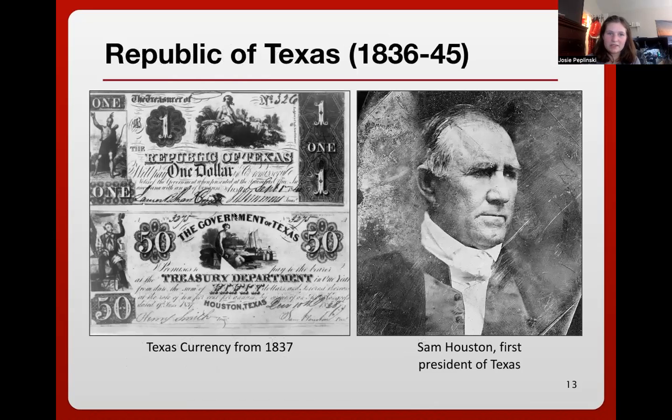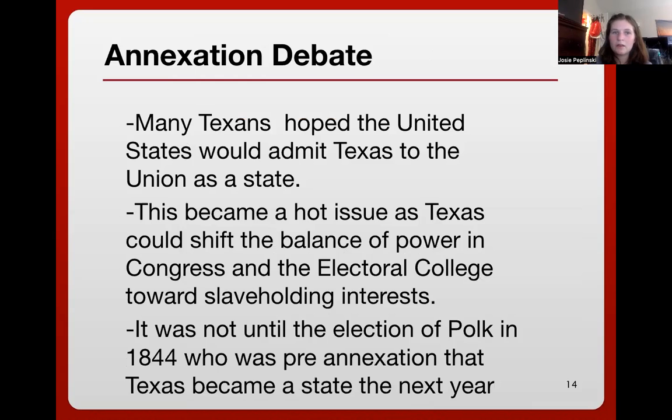Here we have some Texas currency in 1837, and we have Sam Houston, the first president of Texas. And here is the annexation debate. Many Texans hoped the United States would admit Texas to the Union as a state. This became a hot issue as Texas could shift the balance of power in Congress and the Electoral College towards slaveholding interests.